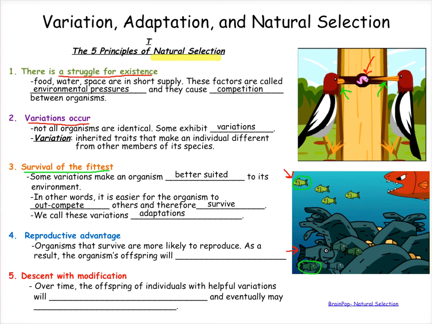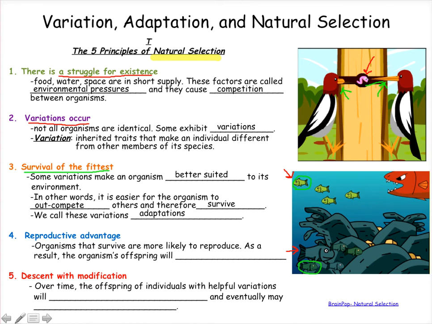In the examples that we looked at before, there are two variations in beak size. We pointed them out already, long and short. However, only one of these variations is adaptive, and that's the long beak. The reason for that is because with the longer beak, this organism is more likely to be able to reach that worm and outcompete its fellow organism for that food source.